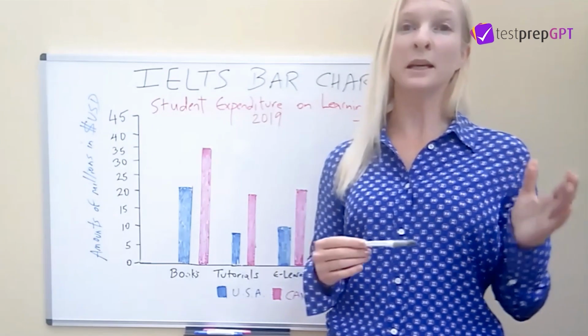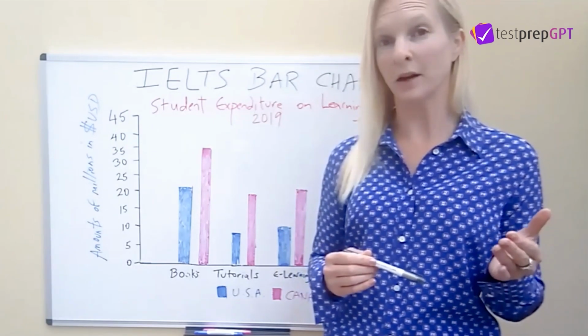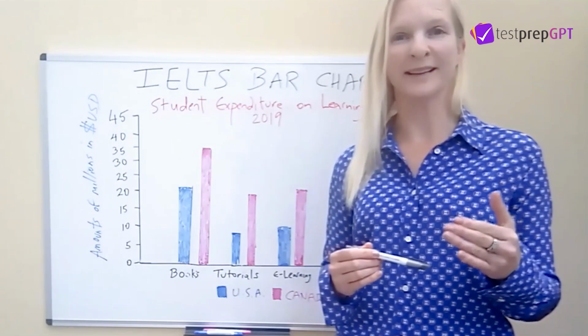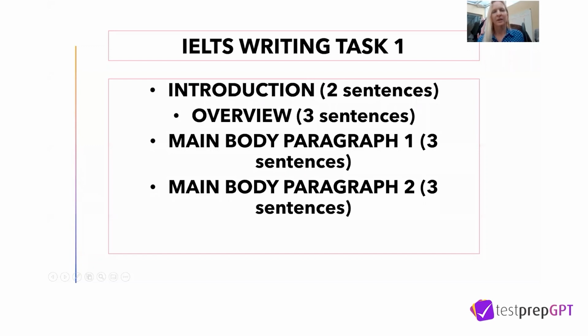So let's take a closer look now at how to write the essay in a coherent way. If we take a look at the format for IELTS Writing Task 1, describing a bar chart, we need to have a clear introduction, about 2 sentences, an overview, which is about 3 sentences, main body paragraph 1, main body paragraph 2, and that's it.